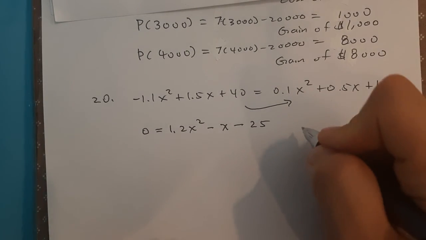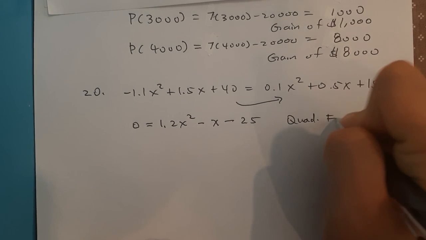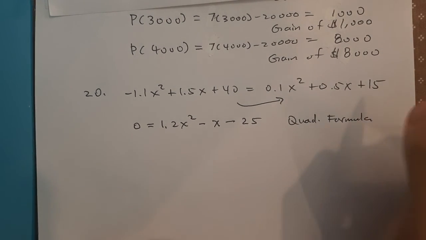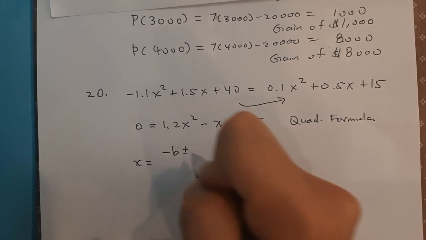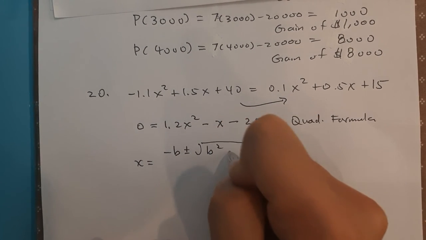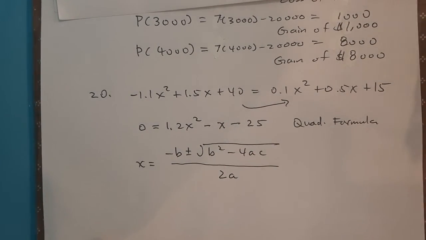Then you can use the quadratic formula. So that will be x equals negative b plus or minus the square root of b squared minus 4ac all over 2a.